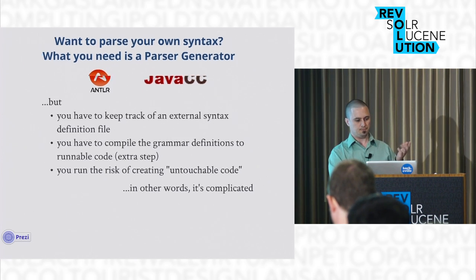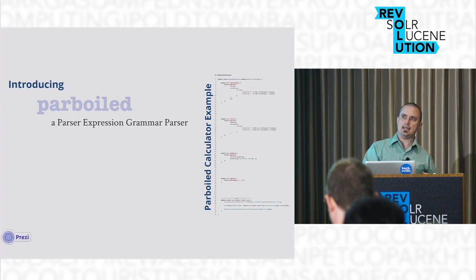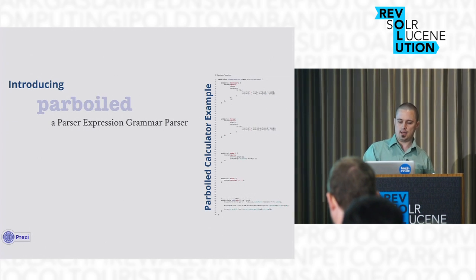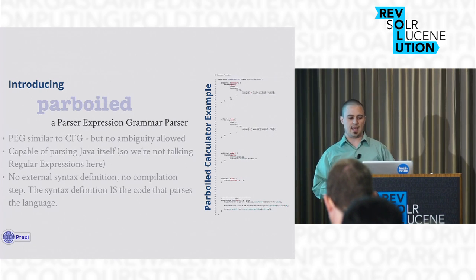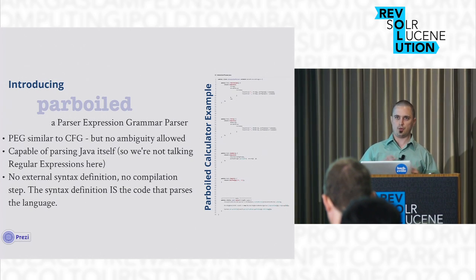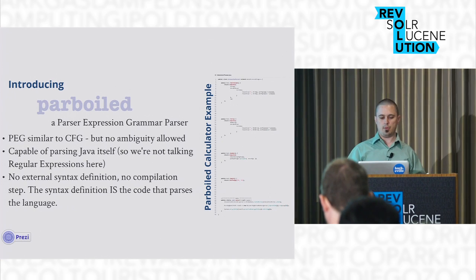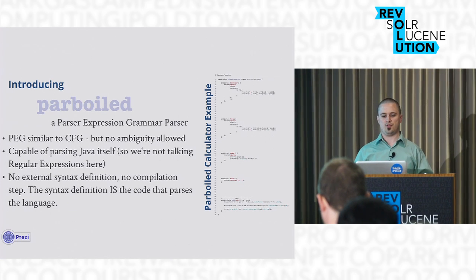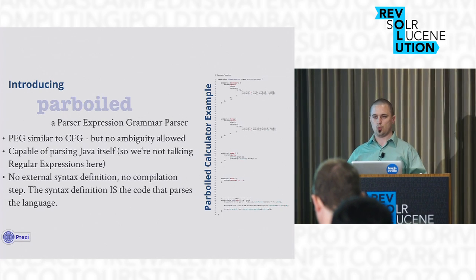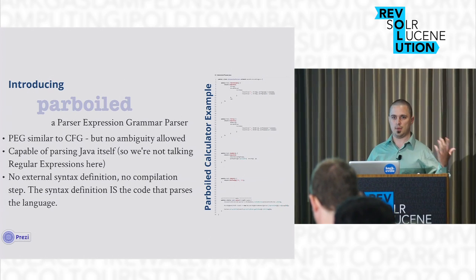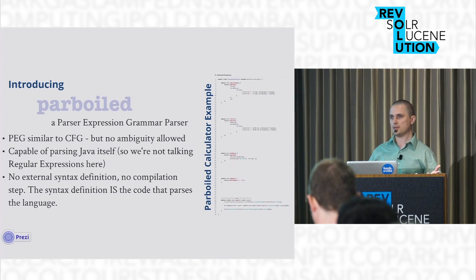So it's complicated. Parboiled is interesting, and it helps out with some of those pain points. Parboiled is a Parser Expression Grammar parser, which is kind of a mouthful. Basically, a PEG is very similar to a context-free grammar, with the exception that a PEG cannot be ambiguous.